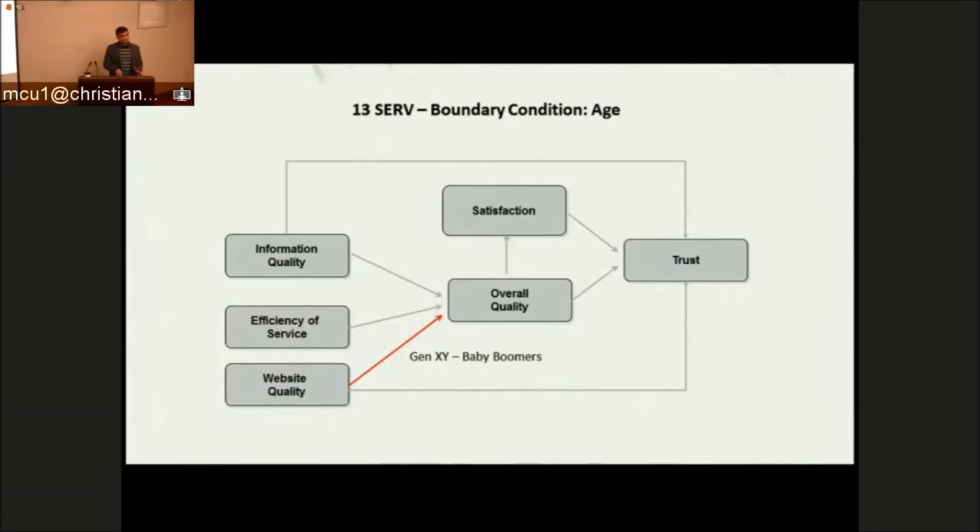At this point, I can start churning my theoretical wheels and conjecture why this might be happening. It is possible that younger people have seen better websites. They have more exposure to the internet, and they're able to gauge website quality much better than baby boomers. And if the website is not of good quality, their perception of overall quality is impacted.